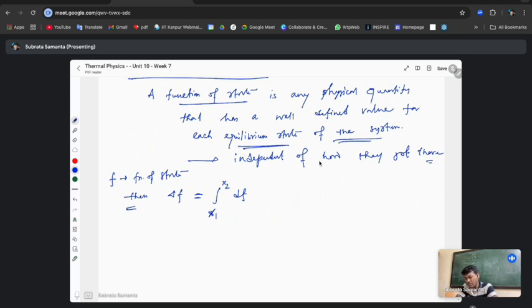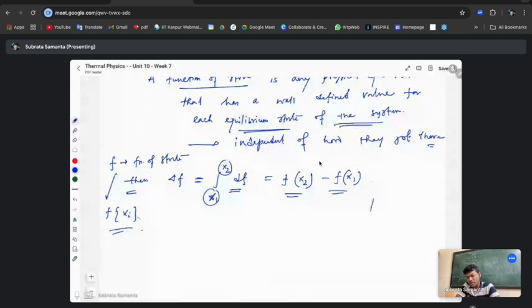The integral from x1 to x2 of df is basically f of x2 minus f of x1. So it only depends on the endpoints, x2 at the end and x1, and does not depend on the path.